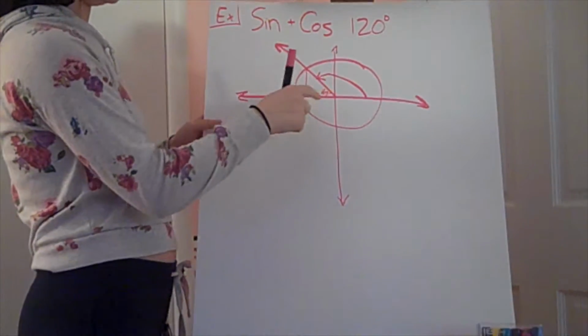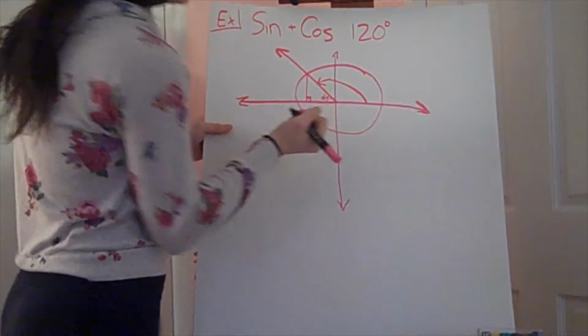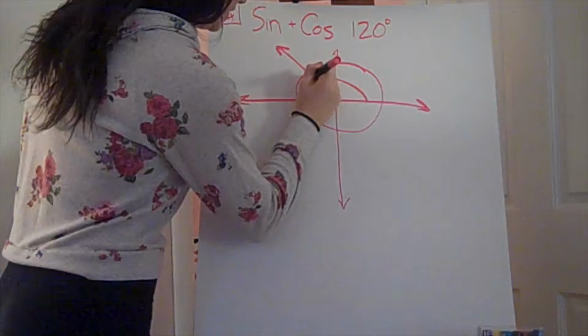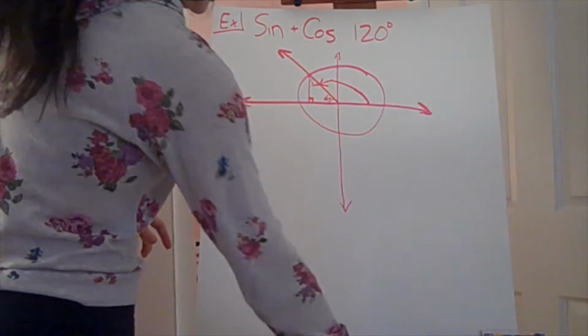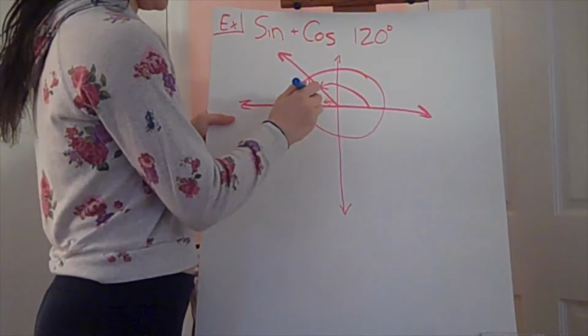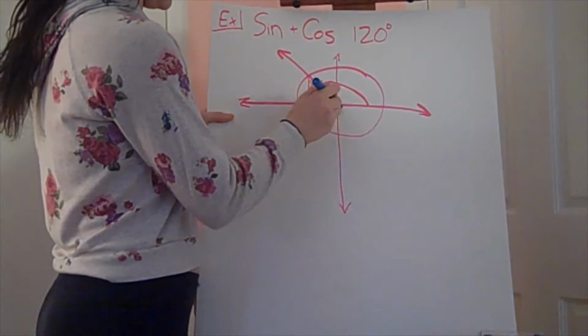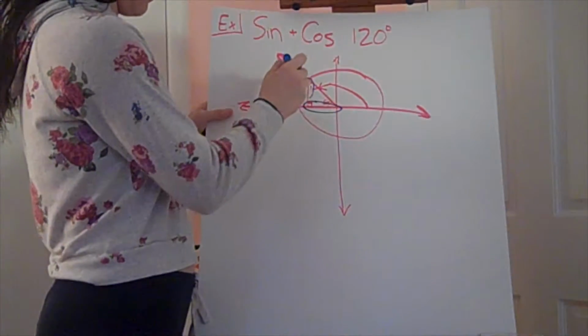And we draw this straight line down and we make this right triangle here. So we have created a 30, 60, 90 triangle. So since we said before that the cosine corresponds with the x value, your cosine of 120 is going to be the length of this side, and the sine of 120 is going to be the length of this side.